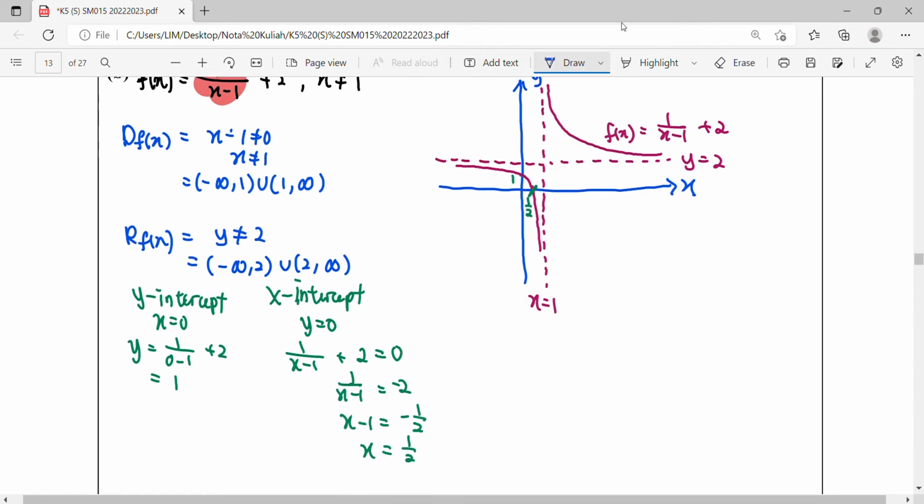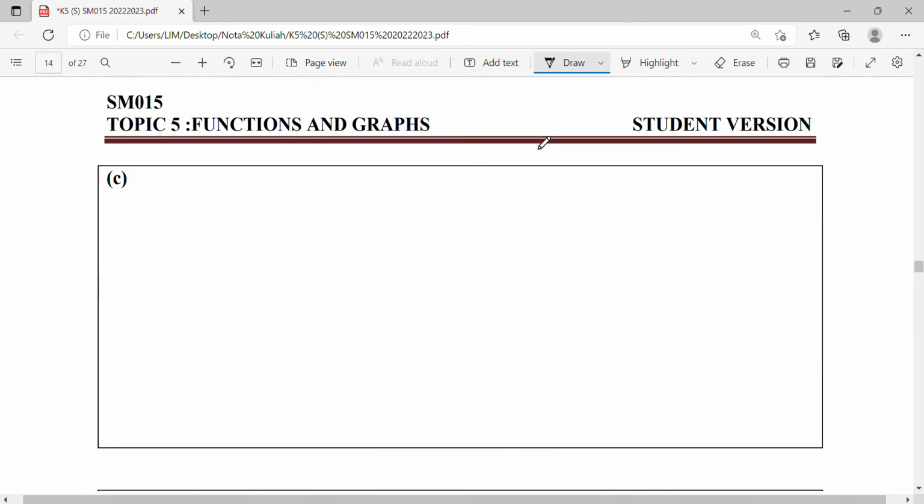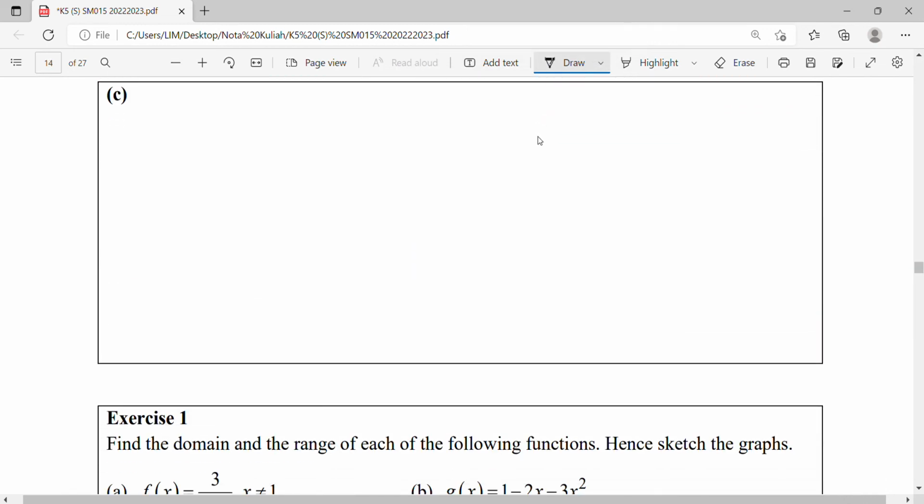Then we go for number C. Function given here is fx equals to negative 1 over x plus 3 minus 1, where x not equals to negative 3. So we start with its domain.